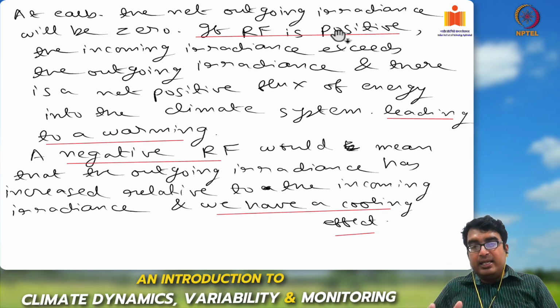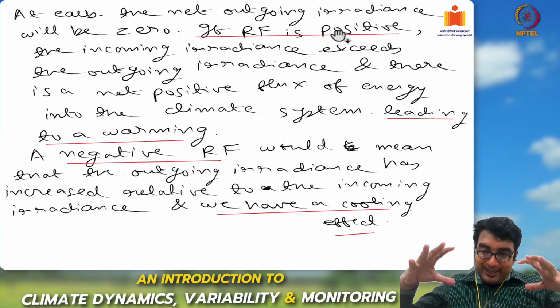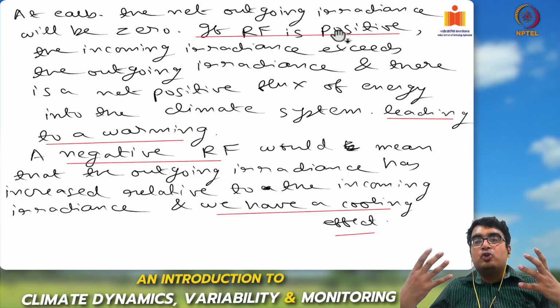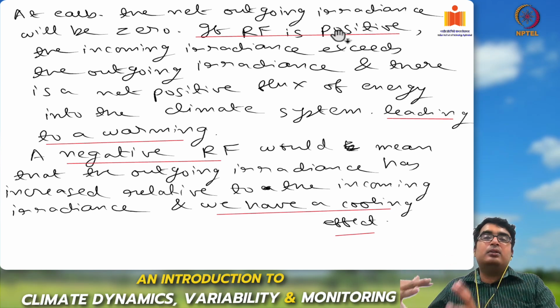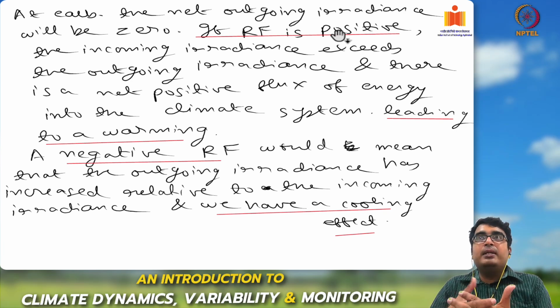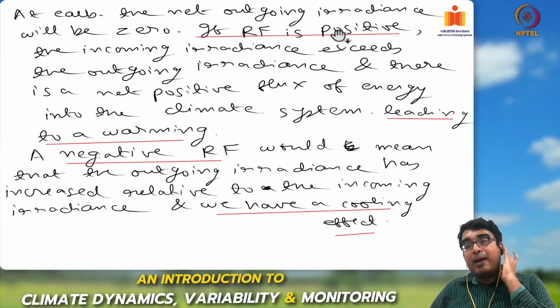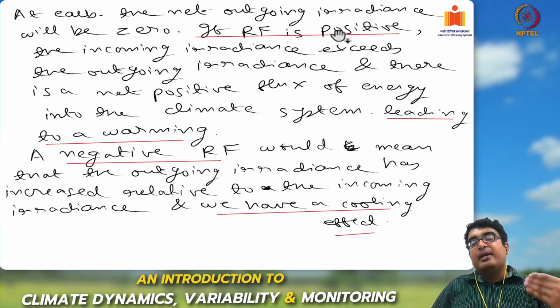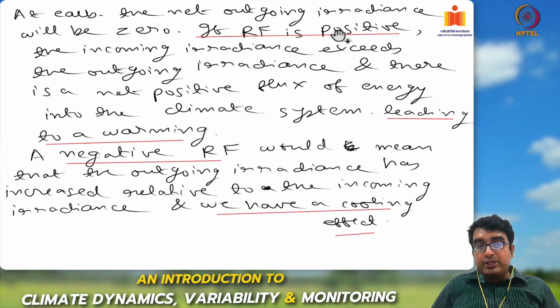We have a net positive flux of energy that is accumulating within the troposphere, surface of the Earth and the oceanic system, which jointly form the climate system of the world. This leads to a warming. Obviously, as heat is being absorbed and energy of the system is increasing, the temperature is going to increase. So a positive radiative forcing effect causes a warming.